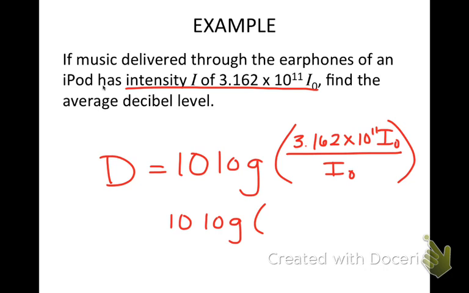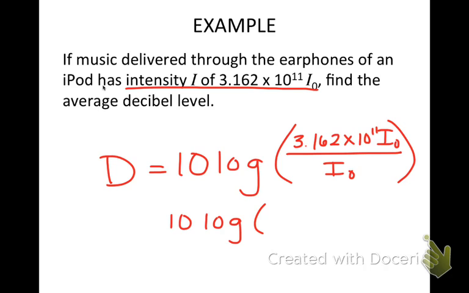Actually, I think our calculators can do scientific notation, can they? Probably. Shouldn't you press like E or something? Yeah, we gotta find that double E button. It's above the 7. There we go. Does everybody see it? So if we type in 10 times the log of 3.162, hit that comma sign, and then 11.